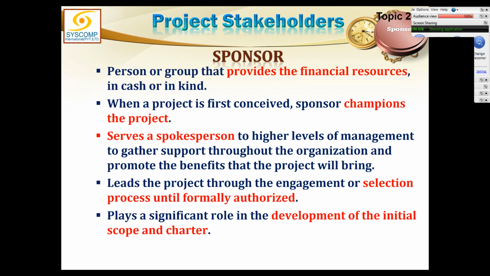Naturally, this sponsor is not deciding everything alone. Senior management and key stakeholders are behind him. They may not be visible to the project manager directly, but they are making all the decisions behind the sponsor.